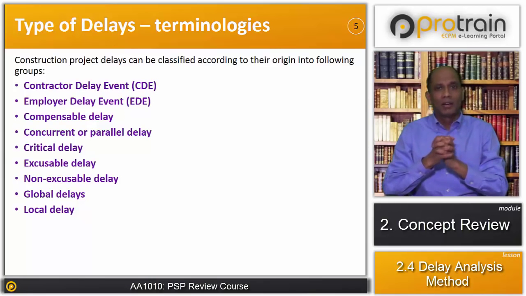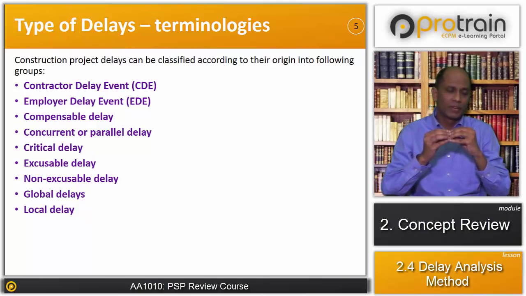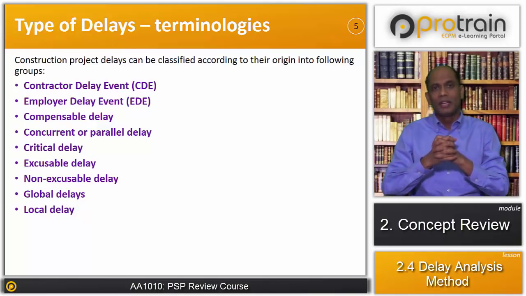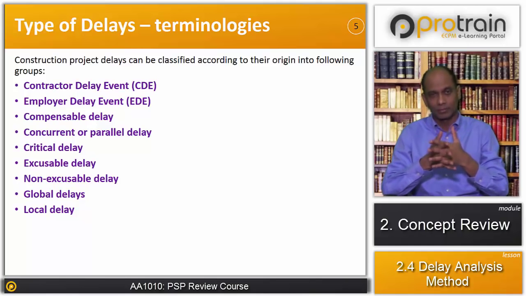Right now on this screen you have the types of delays. There is no standard classification of delays, but in day-to-day construction planning and claims management, we refer to the following delay types: contractor's delay event, called CDE; employer's delay event, EDE; compensable delay; of course non-compensable delay; concurrent or parallel delay; critical delay; excusable delay; non-excusable delay; global delays and local delays.